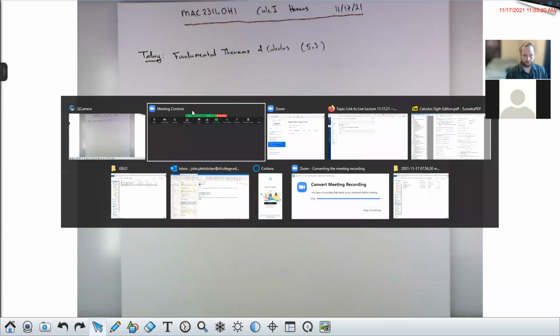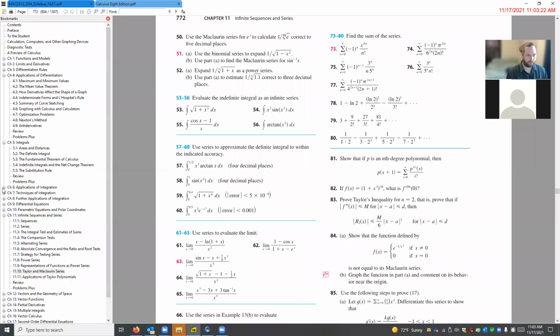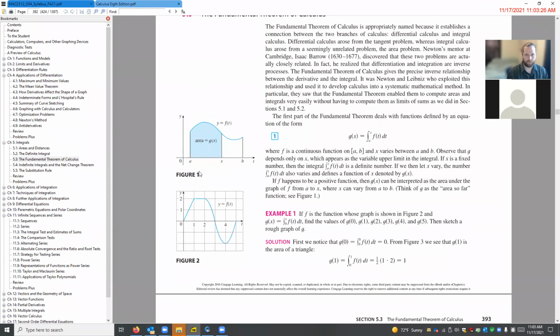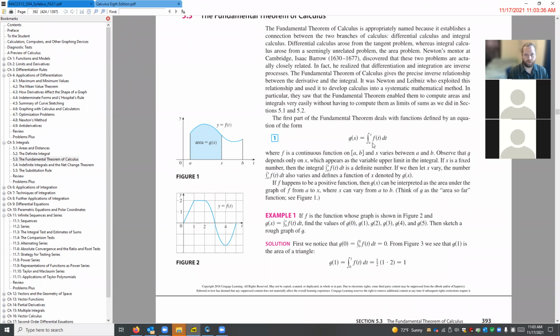I'm going to bring up your textbook here because I want to follow them quite closely. And we will discuss proofs and everything like that. So the big game here is to take some function little f and integrate it, but not from a to b, not from one constant to another constant, but to integrate from some constant up to a variable.